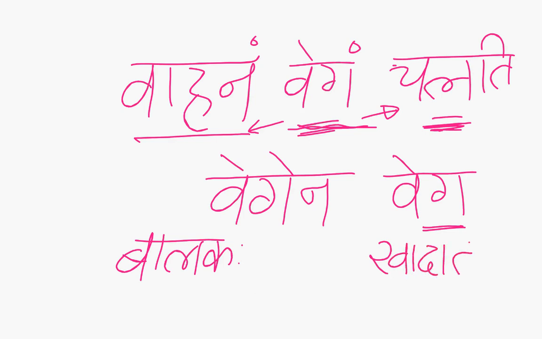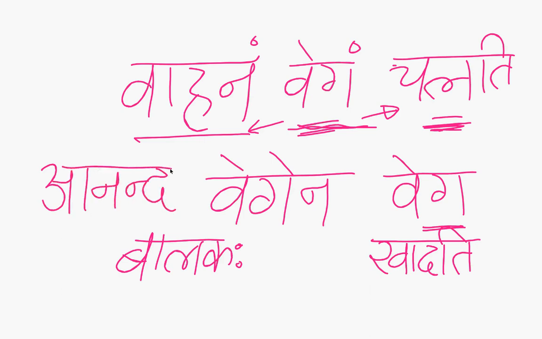Khadati, right? Khadati. Now we want to introduce here happily. Now, what is the word for happy? Yeah, ananda. Let's say ananda. Now, happily, we want to use it as a kriya visheshanam.